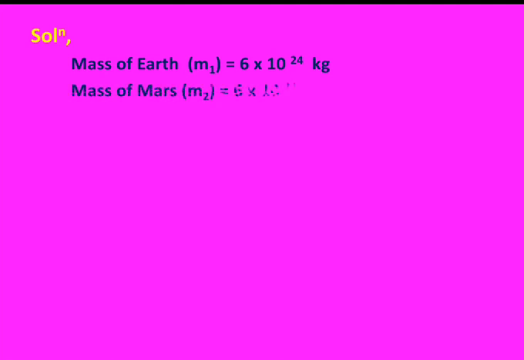Solution. Mass of Earth M1 equals 6 × 10^24 kilogram. Mass of Mars M2 equals 6 × 10^23 kilogram.